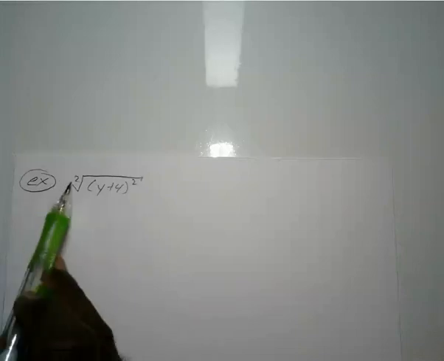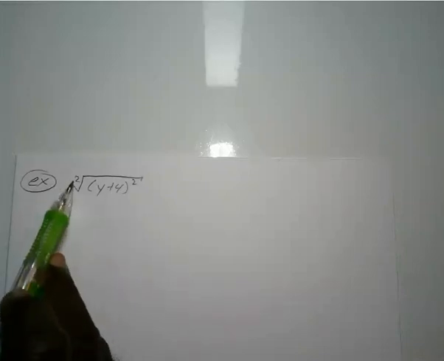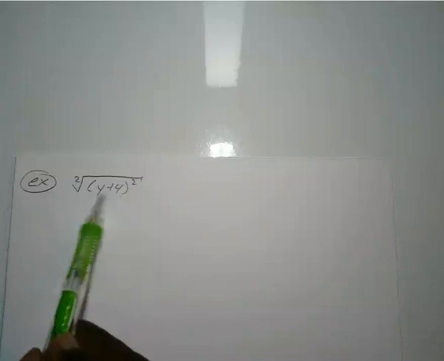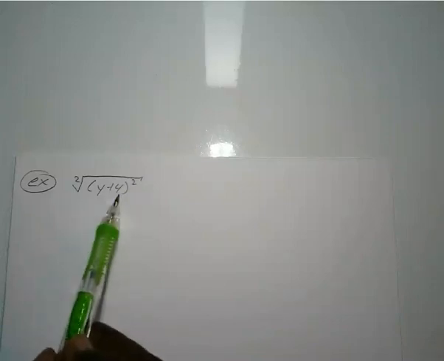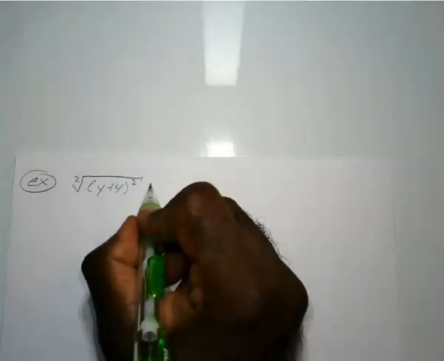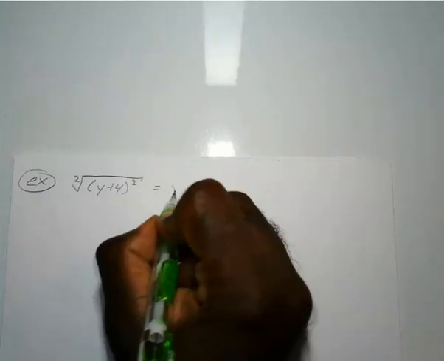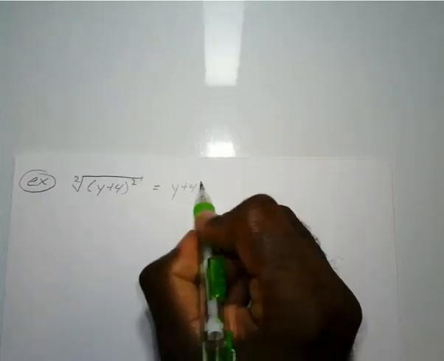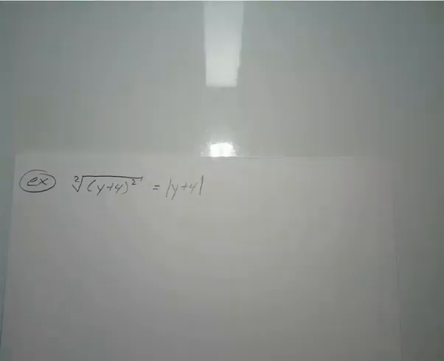Remember, you have an even index. So whenever you have an even index, your radicand has to be positive. So these two cancel each other out, and your answer would be y plus 4, but it would have to be positive because you have that square root.